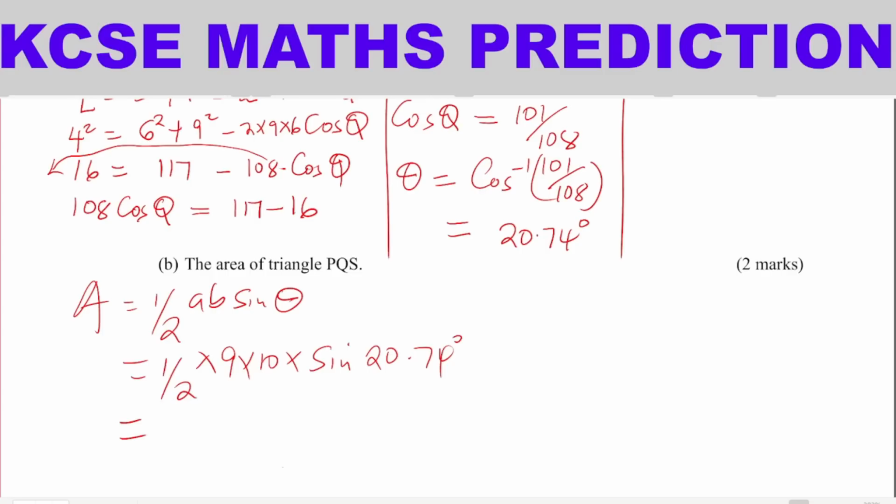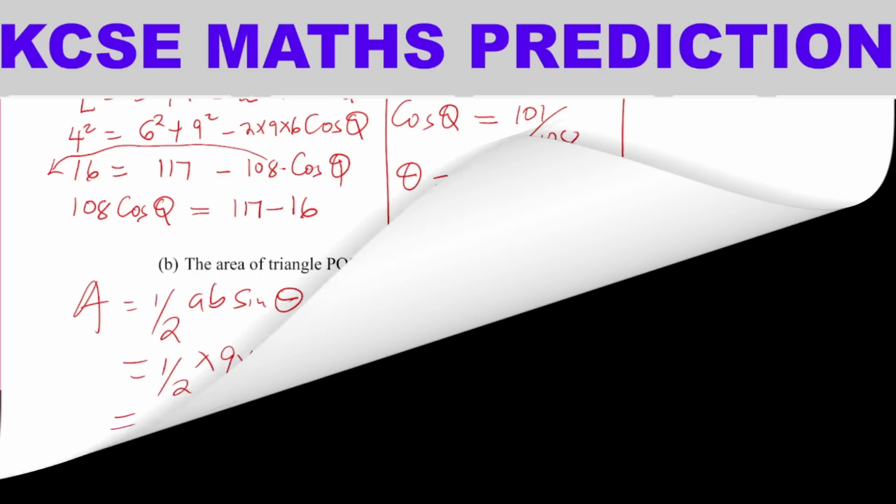So when you work out that, half times 9 times 10 times sine of 20.74, that will give 15.94 centimeters squared.